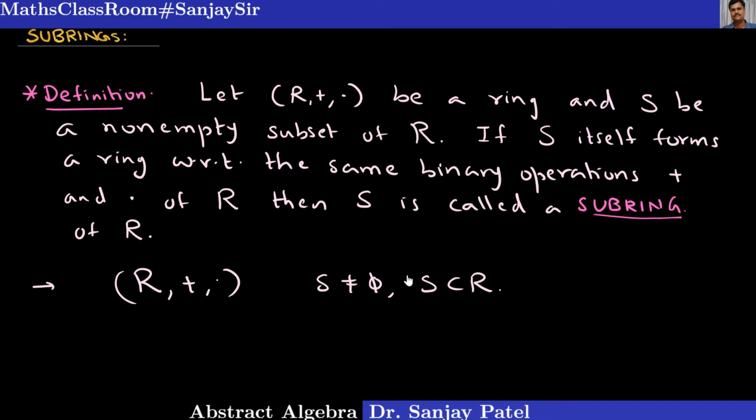That means the set S must also satisfy all the 8 axioms that we discussed in our first lecture about rings. So it is again the same long task to check even a smaller collection is a ring.